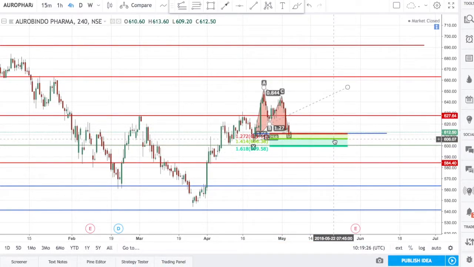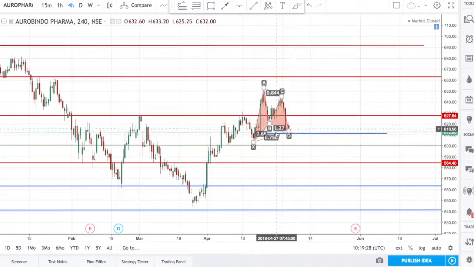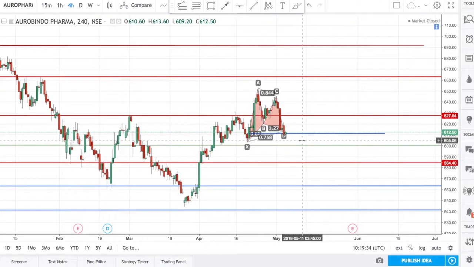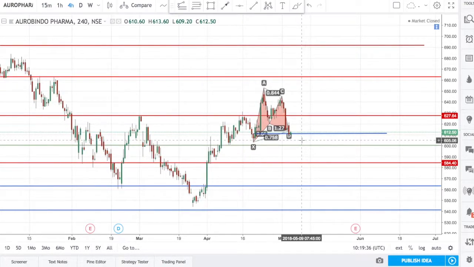Okay, so this is our completion point on the Gartley pattern, and this is where we should place our trades.